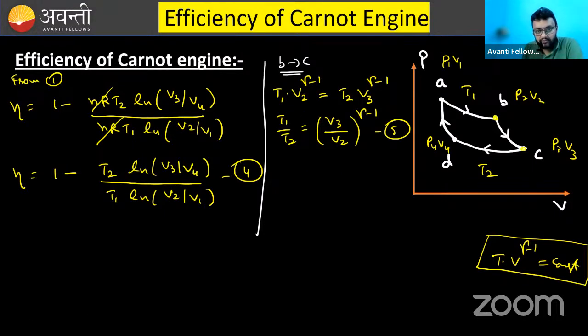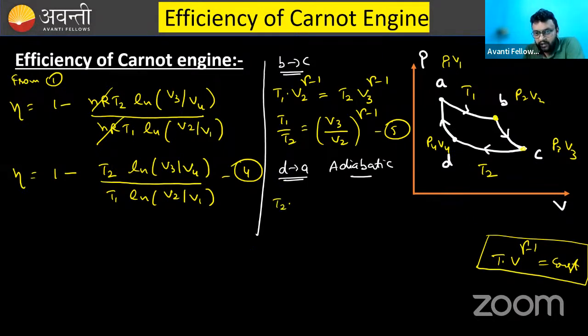Now, again, for process D to A, this is again adiabatic. In the D to A process, you can again apply this formula. You need to know how to apply this relation. At point D, the temperature is T2, and volume is V4.